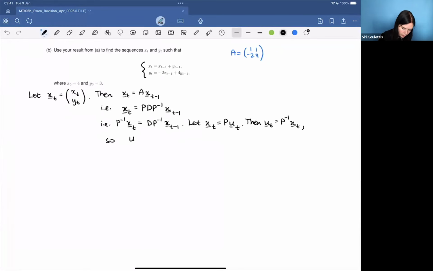And so ut equals D times ut minus 1. And now we use our matrix D that we found.